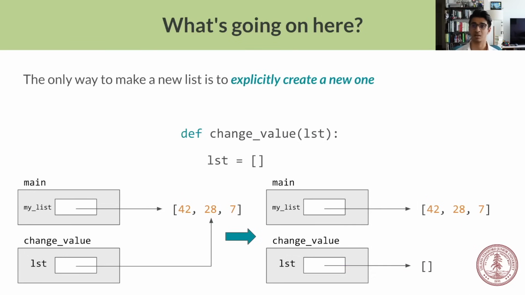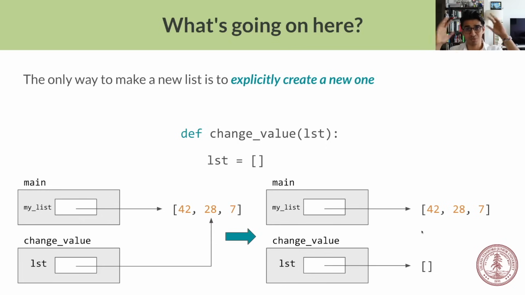Now let's talk about that last case, when we had LST create the new list instead. The only way to make a new list, in fact, is to explicitly ask for a new one by saying LST is equal to this. Under the hood, it takes this list, makes that list from scratch, and then says, okay, LST is now equal to this.